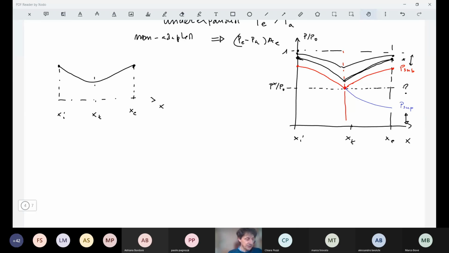And non-isentropic solution means that there can be some entropy increase due to something like, for instance, shocks that occur within the nozzle.